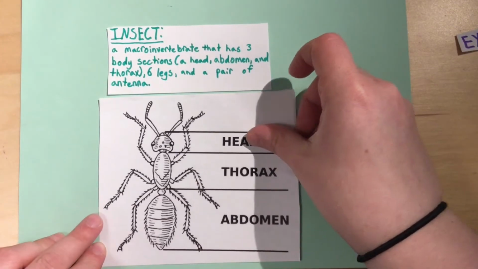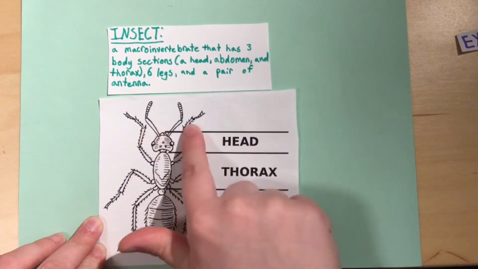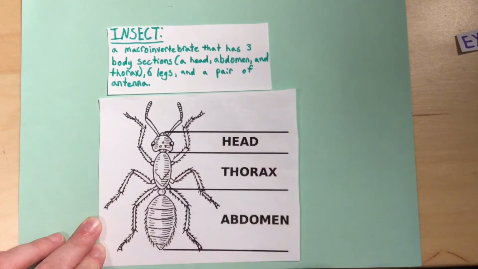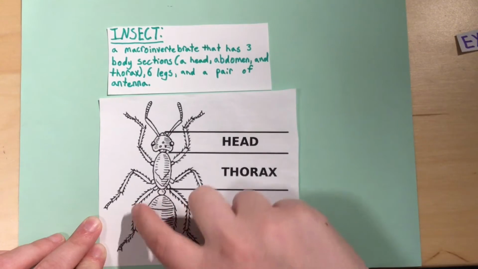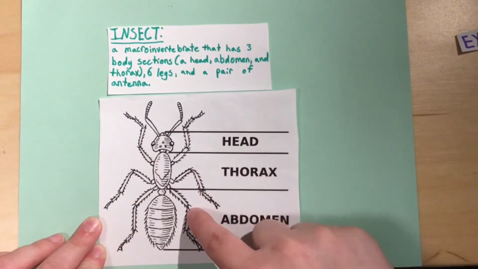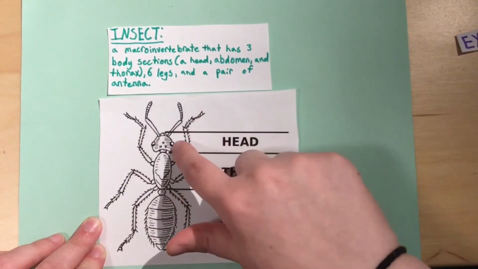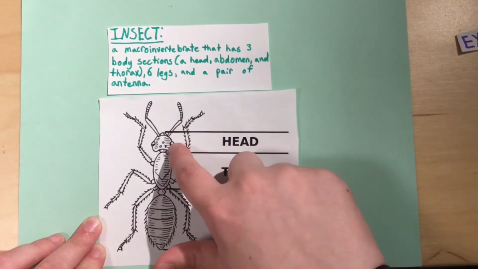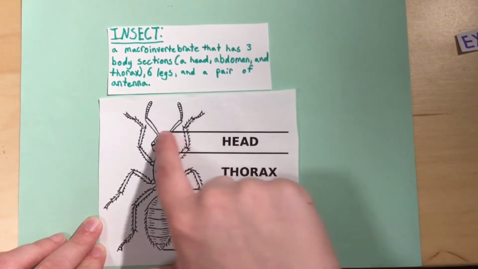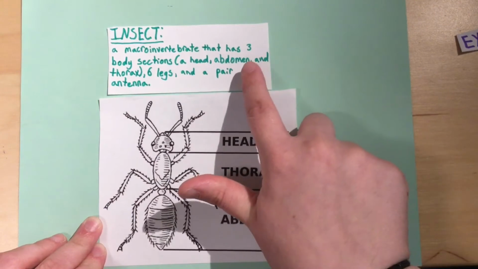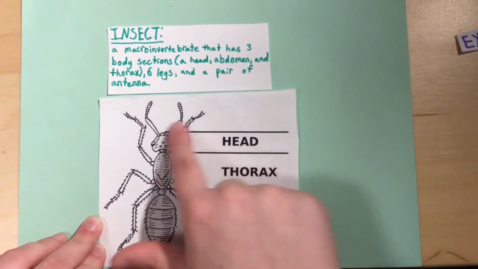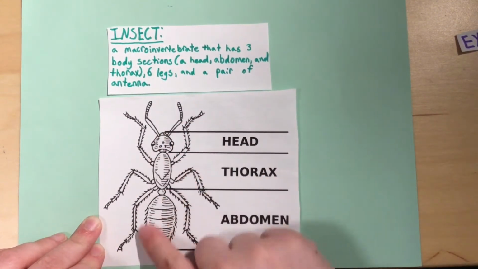Here we have an ant, and here's the ant's head, here's its thorax, and here's its abdomen. It has 1, 2, 3, 4, 5, 6 legs. It has a pair of antennae, and it has compound eyes. So we have these 3 sections that it mentions up here in our definition: our head, our thorax, and our abdomen.